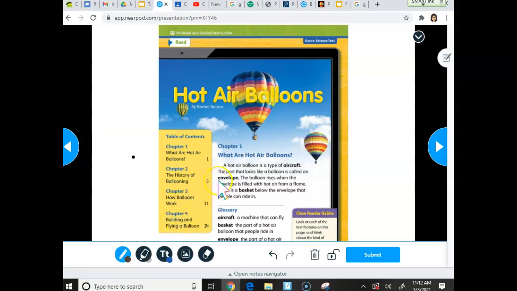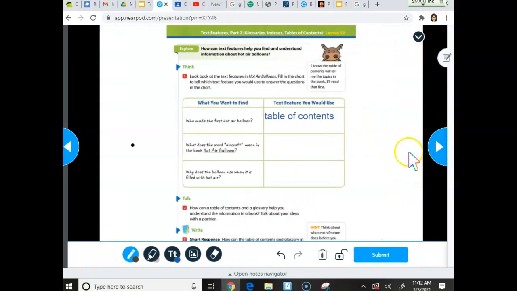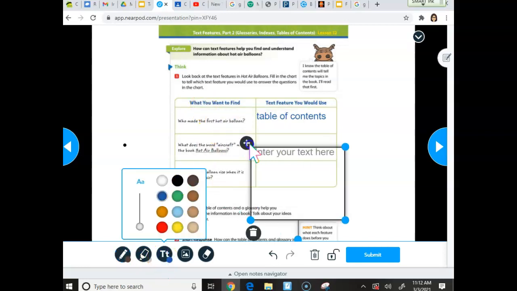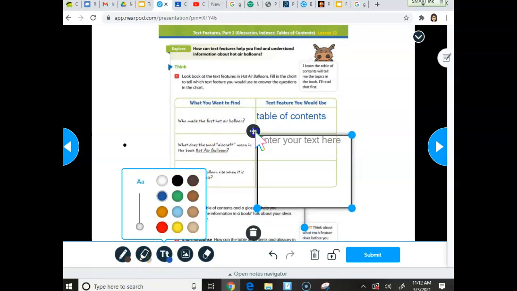No. All right, does it tell us here? No, it just has the word in bold print. What about here? Aircraft, a machine that can fly. Yes, so this is the what? Glossary. The glossary gives us the definition. So we would have used the glossary.